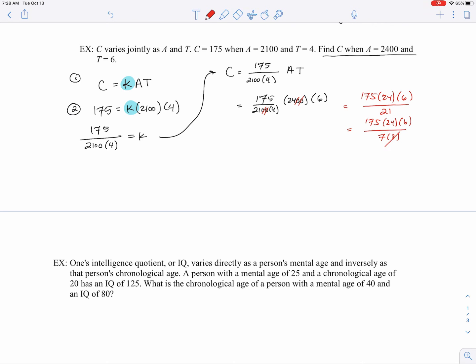So let's see. 3 goes into 6 twice, and 7 goes into 175 25 times, and this is 25 times 24 times 2, which is 50 times 24, which is, let's see, 5 times 24 is 120 with another 0. 1200, I think, is our value. And there it is in our little 3-step process there.